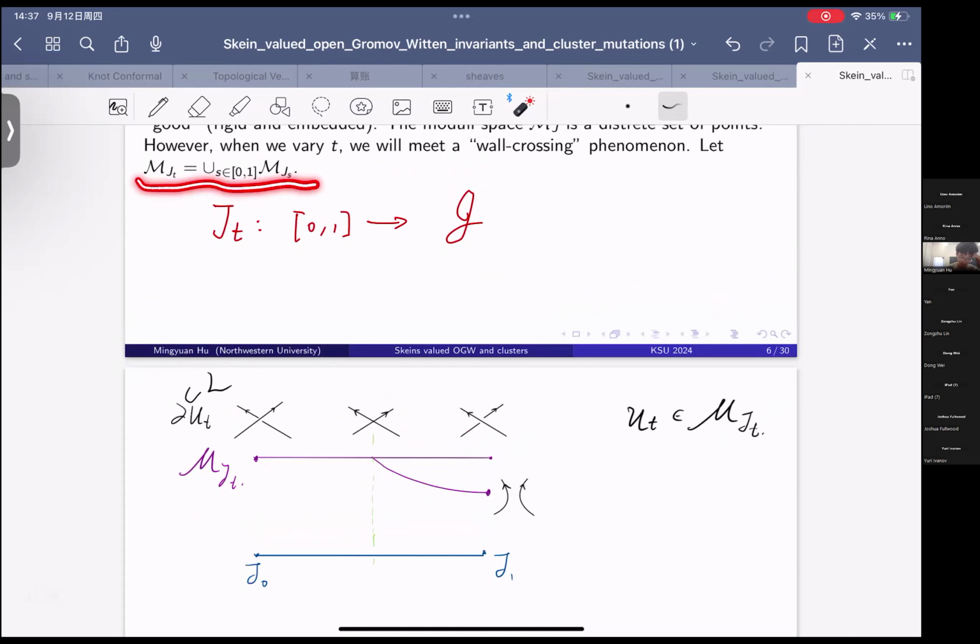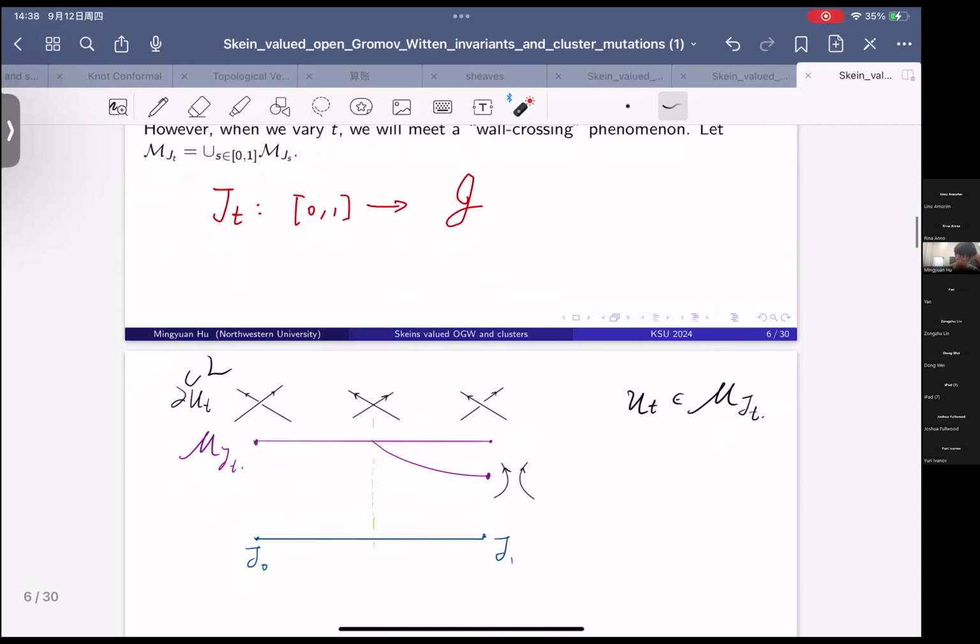Let's take the universal moduli space, which means you have a family of J and so a family of moduli spaces, and we pick one point in this moduli space, which is a J-holomorphic curve, and its boundary lives in L, which is this Lagrangian.